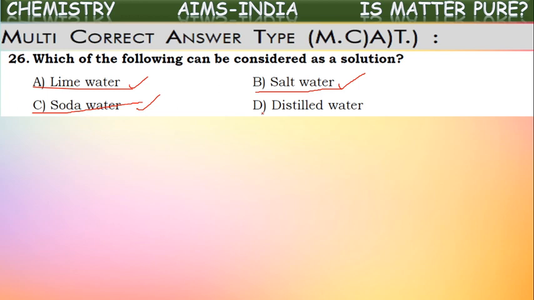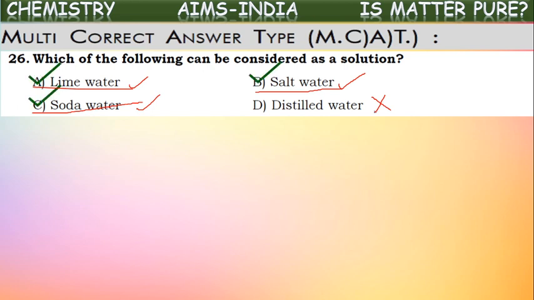Only pure water molecules will be there in that. So the purest form of water is distilled water. So it is only a compound. It won't come under any mixture or solution. Distilled water is a pure substance. The remaining three are solutions or mixtures. Okay. Now, except distilled water, the remaining three come under solution.